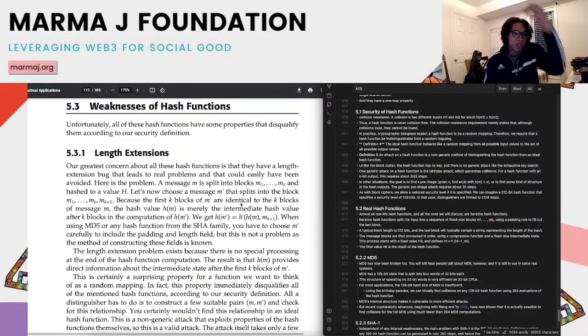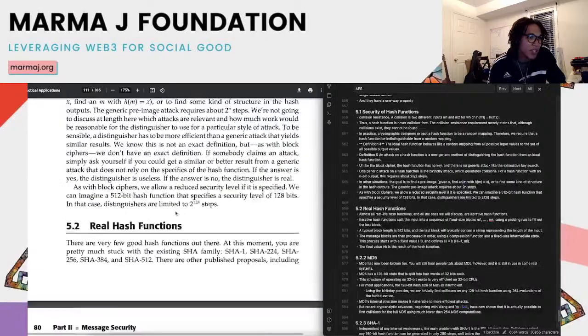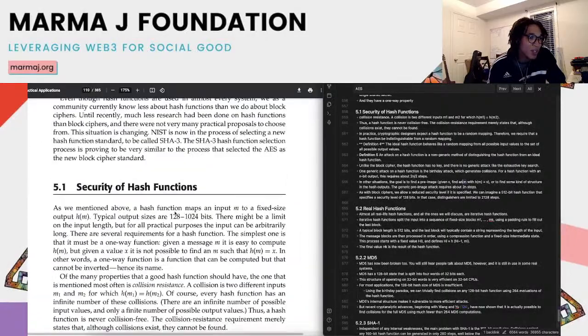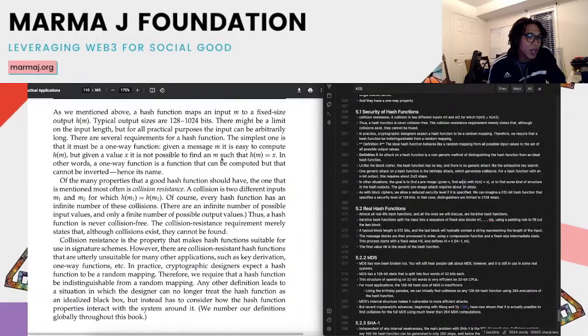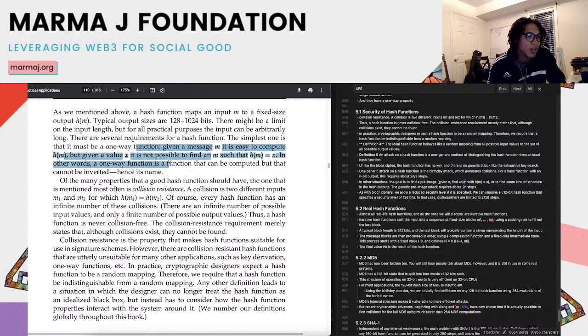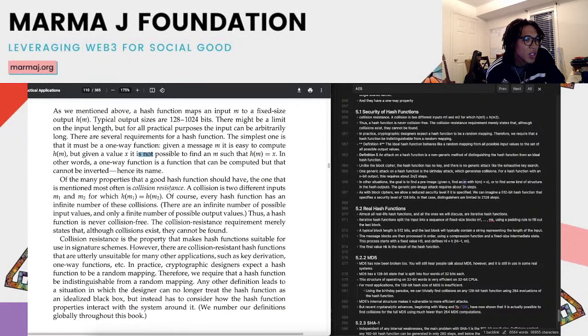Okay, maybe that one's wrong. So let's go to 5.1 real quick to see if that's an issue. Why am I having such a hard time finding where this was? Collision resistance.